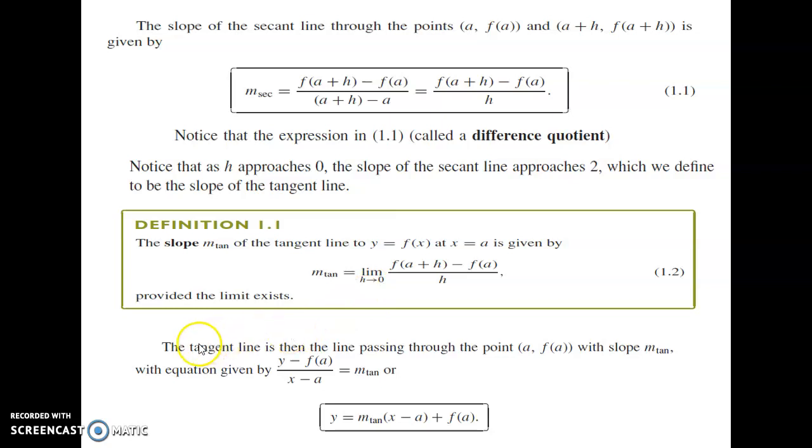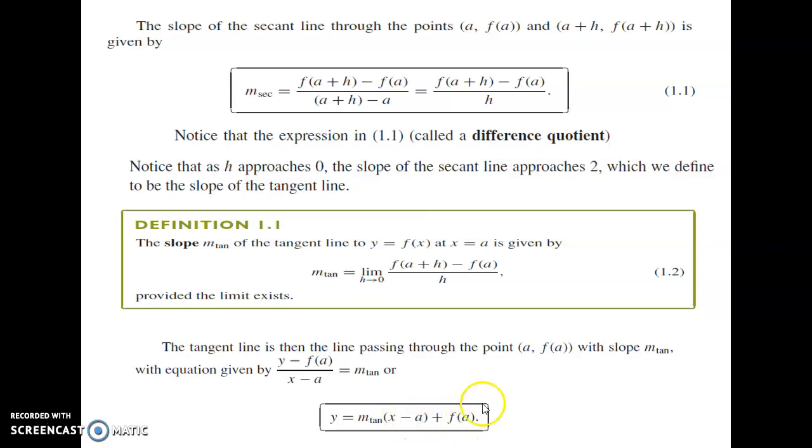If you want to find the equation of the tangent line, look at it: this is the slope of the secant line, and this is the slope of the tangent line. Now I am finding the equation of the tangent line, which is given by y equal to m_tan (x minus a) plus f(a).